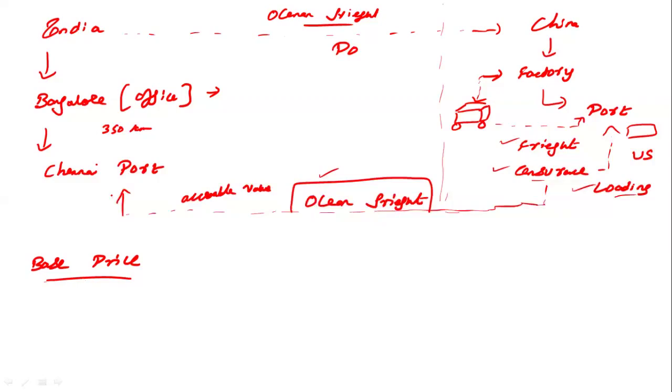Once it reaches India, we need to bear the custom duties. Whenever we are getting the material from another country, we need to pay the custom duties so that the material will be released from the customs. So we also call them basic custom duties.